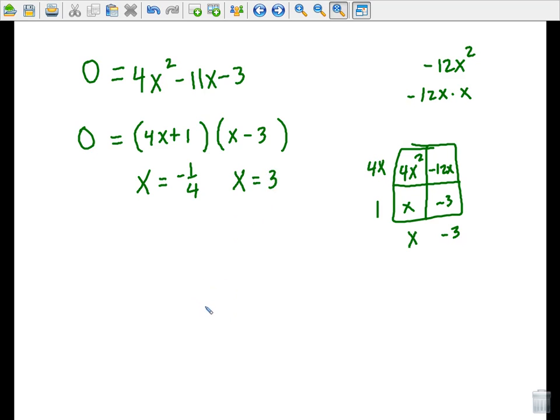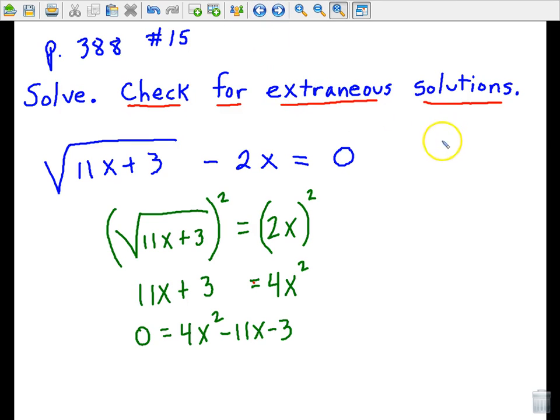All right? Now, the directions told us to check for extraneous solutions, so that's exactly what we have to do. So the book problem is where I go. You see the blue, that's what's given in the text, and that's where I'm going to go to check to see if these are actually good solutions. So let's start with the easy one. Start with 3.